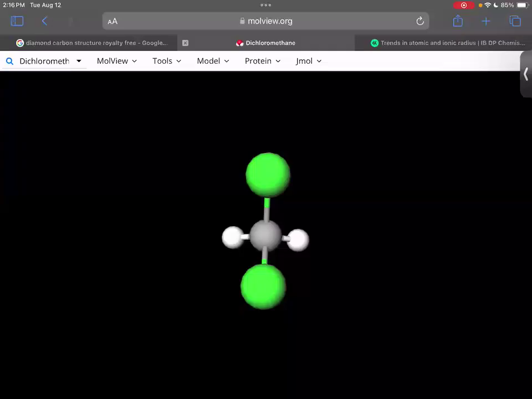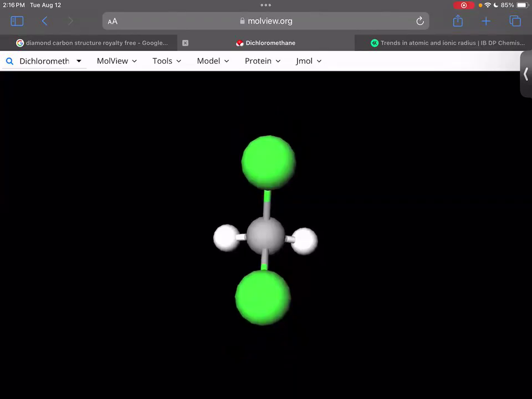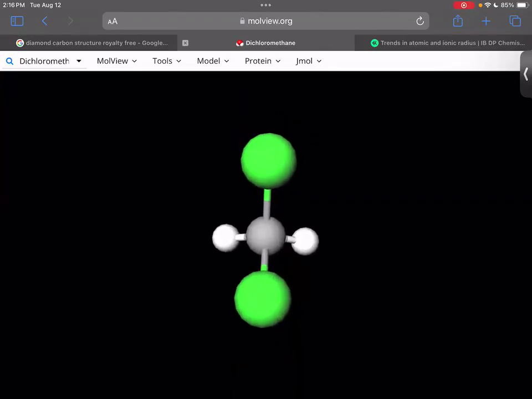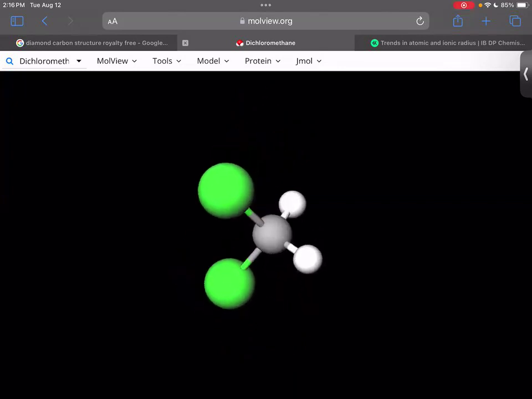So here is a website called Molview, MOLVIEW.org. You can put any molecule in it, and it shows the three-dimensional shape. So the green represents chlorine, the white represents hydrogen, with the gray representing carbon, and it looks symmetrical. We have the chlorine above, the hydrogen to the right and left, but we can rotate and see in 3 dimensions that this is in fact not symmetrical.